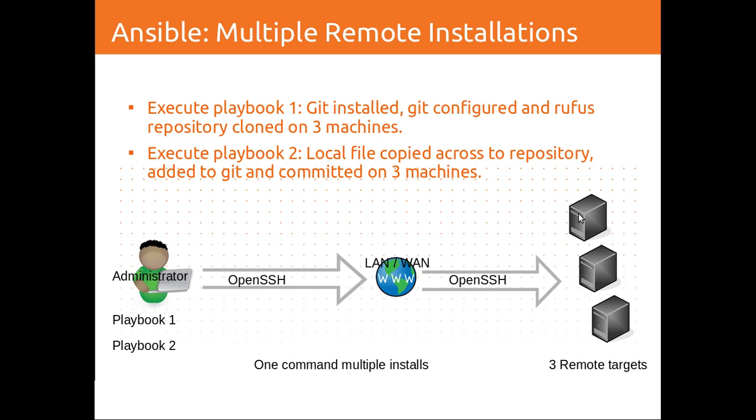And the playbook is going to execute those changes on 3 remote machines in different networks, 2, as I said, on Linux Academy, and 1 on AWS, Amazon Web Services. Playbook 2 is going to copy a file from the administrator's machine or the control machine. That file is going to be copied from this machine to these 3 different remote machines.